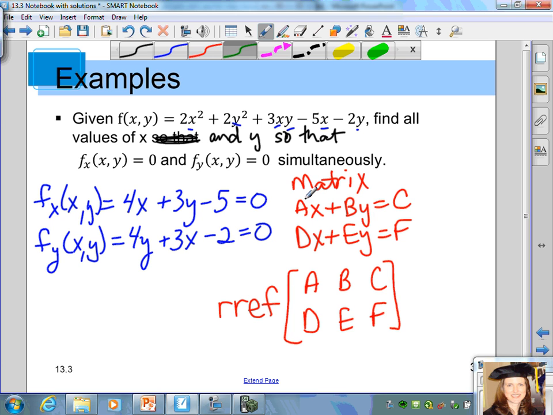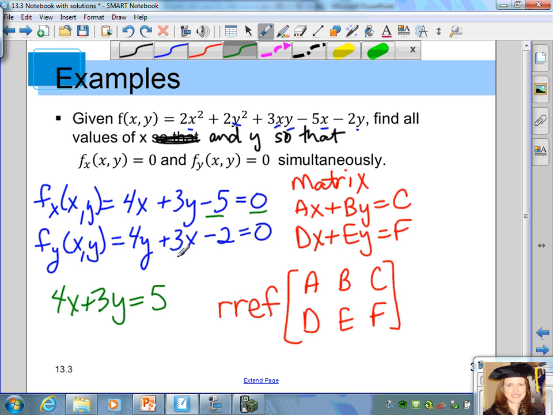I do want to make the form of these equations so that we have the x and the y all lined up and the equals and the numbers. So by taking the first equation, I'm going to rewrite the first equation as 4x plus 3y equals 5. What I did is I just added 5 to both sides of that equation.